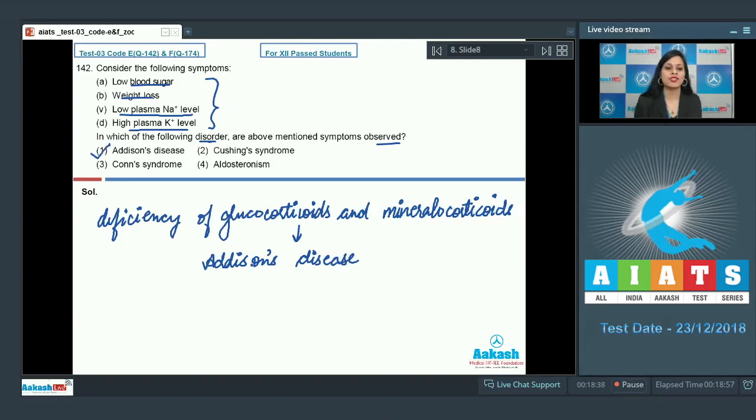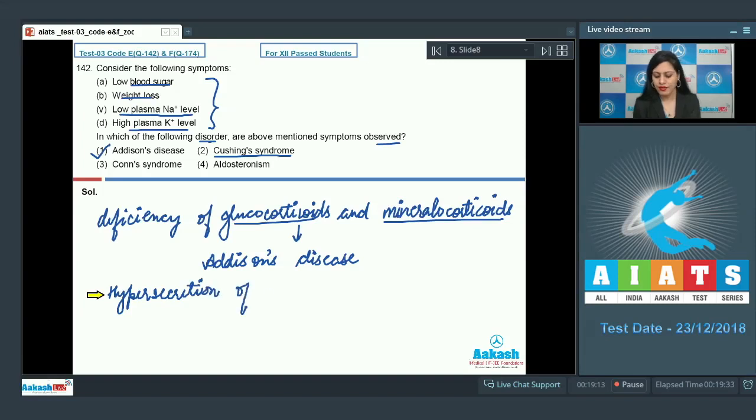Addison's disease, which is caused due to deficiency of glucocorticoids and mineralocorticoids, exhibits the given symptoms. Let's discuss the other options also. The second option given is Cushing syndrome, which is caused due to the hypersecretion of cortisol hormone, and this is an incorrect option because it doesn't exhibit the following symptoms.